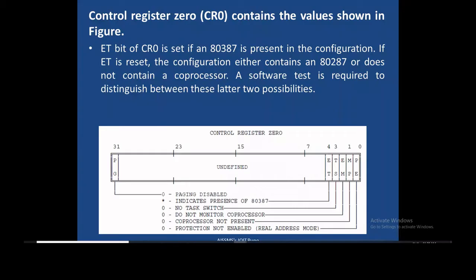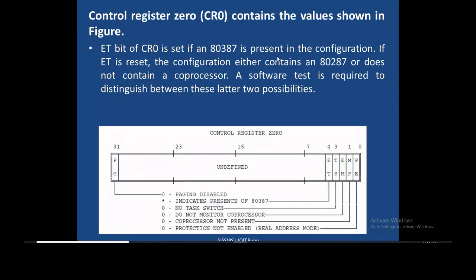Then checking control register 0. This is one of the system registers. Control register 0 contains bits like ET, TS, EM, MP, PE and PG. So what are these? The ET bit, when this bit is set, it means that the 80387, which is a math coprocessor, is present in the configuration.